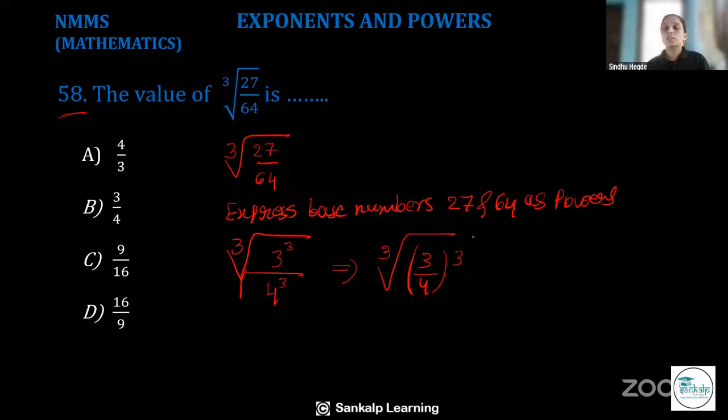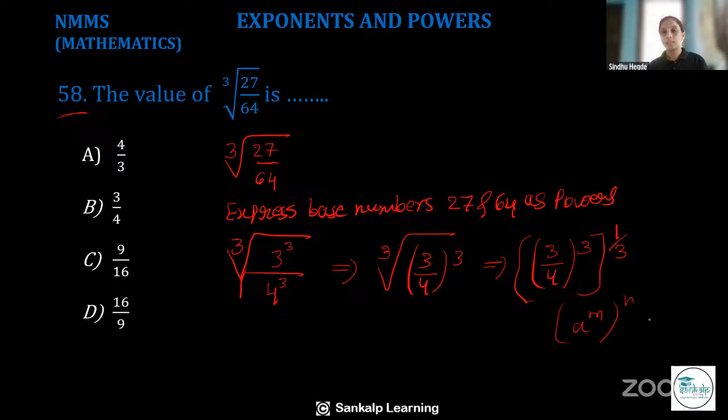Now remove this cube root. Cube root is nothing but the power 1 by 3. So it becomes 3 by 4 whole raised to 3, raised to 1 by 3. Now it is in the form of a raised to m raised to n, which is equal to a raised to m into n.